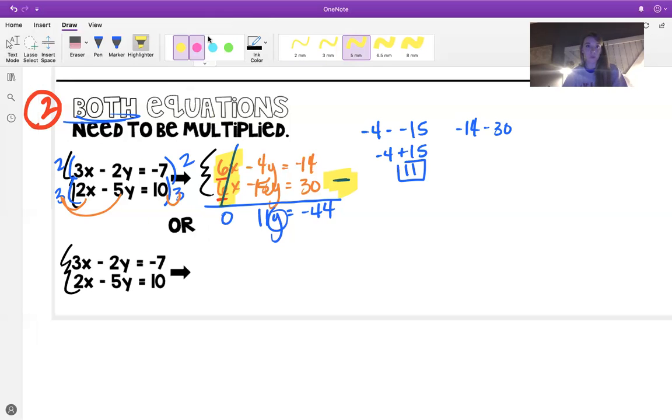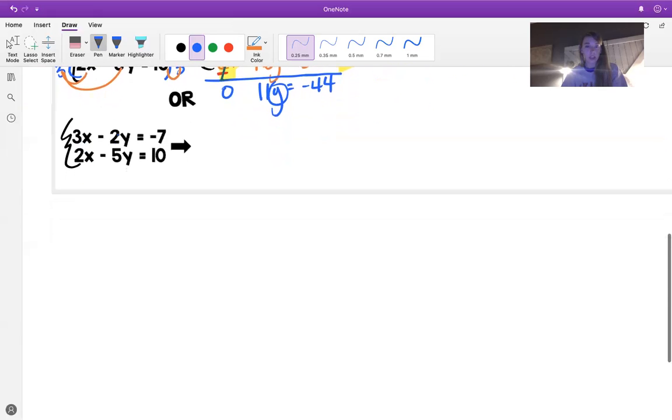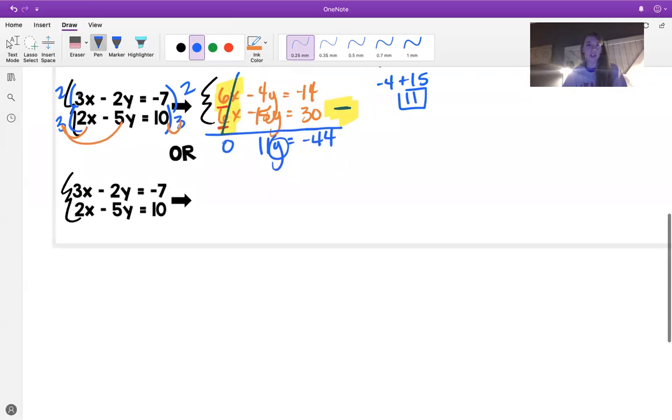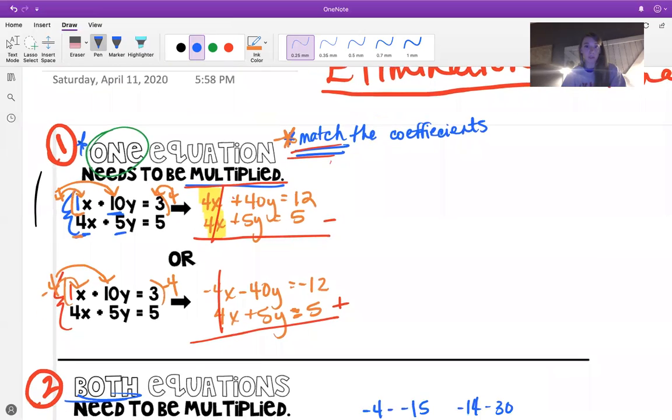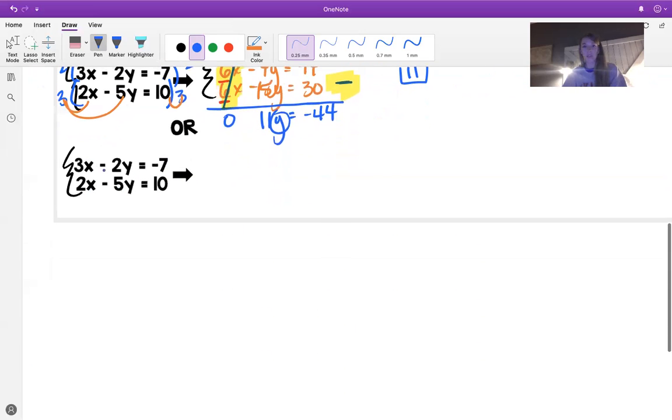All right, let's do it one more time, just to show you that you don't necessarily have to do it one way. There's multiple ways to do it. Last time I was eliminating my x, and that's what we've mostly been doing. Let me show you here that you can also eliminate your y value. I have a 2 and I have a 5.